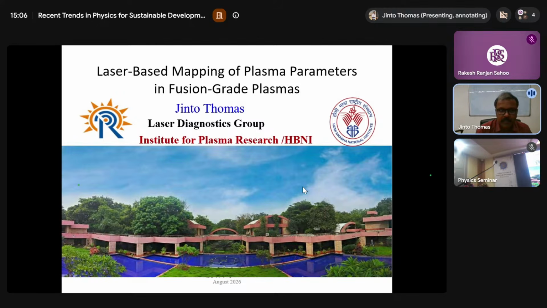As the chairman said, today I'll be talking about the laser-based mapping of plasma parameters in fusion-grade plasmas. Maybe a few may have visited the Institute for Plasma Research, and this is a view you could see from the first floor of the admin building.